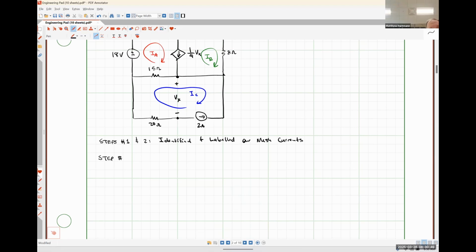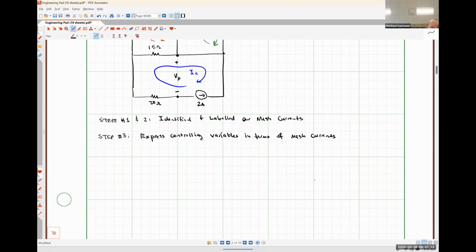Step number 3 will still be to express our controlling variables in terms of our mesh currents.